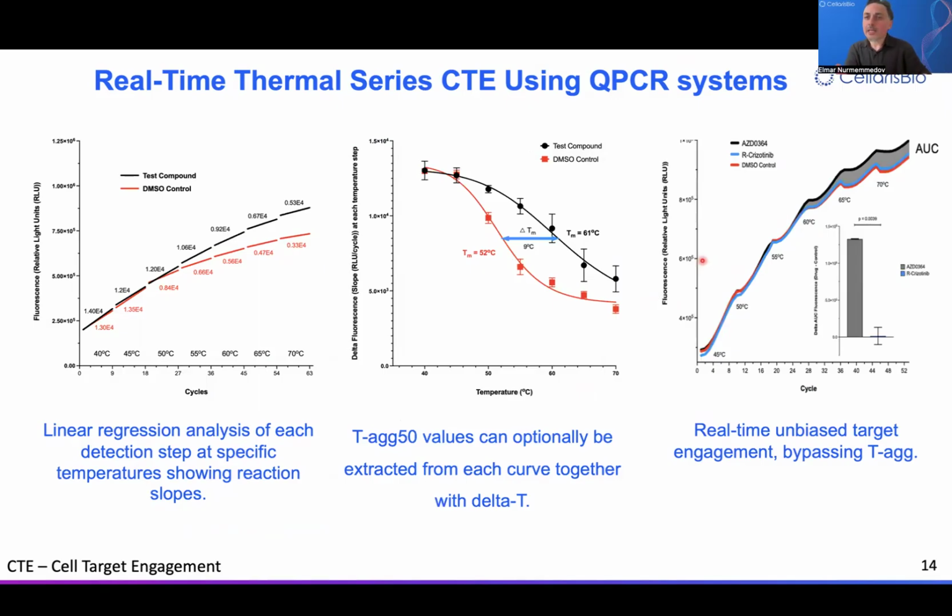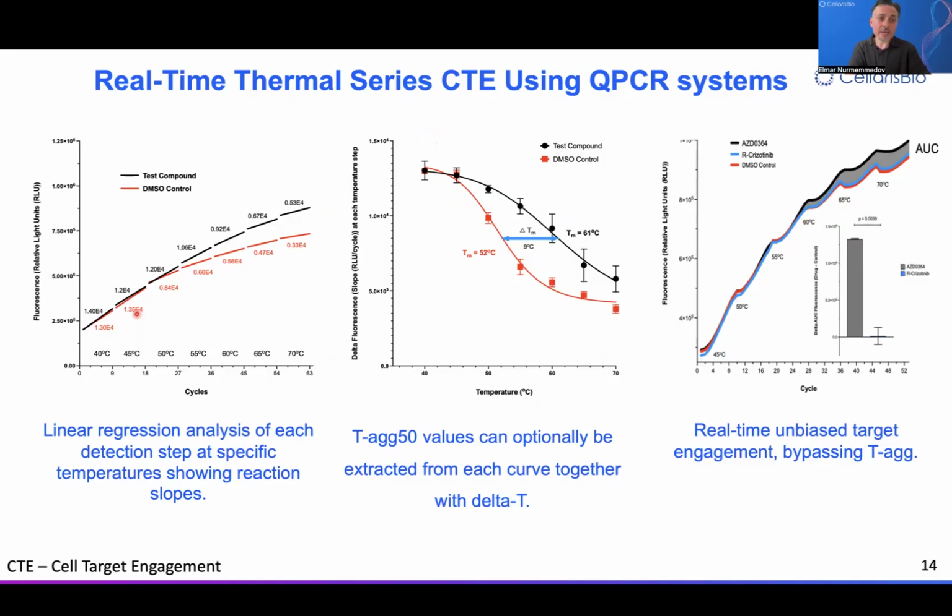Now you can do a lot with the system, and the typical data that you get out of the system essentially could be used to extract the slopes of engagement. You can use that to extract and calculate delta Tm or delta Tagg, as well as for extraction of cellular binding potencies.